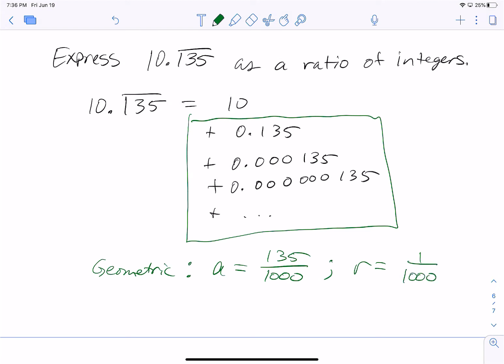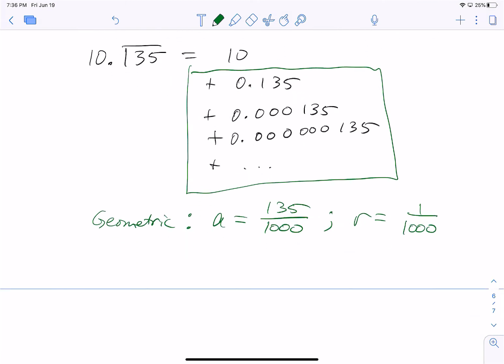If ever I don't know the common ratio by looking at it, then what I would do is take, let's say, an nth term and divide it by the term preceding it. In this case, I would take 0.000135 and divide it by 0.135. I'll get the answer of 1/1000th.